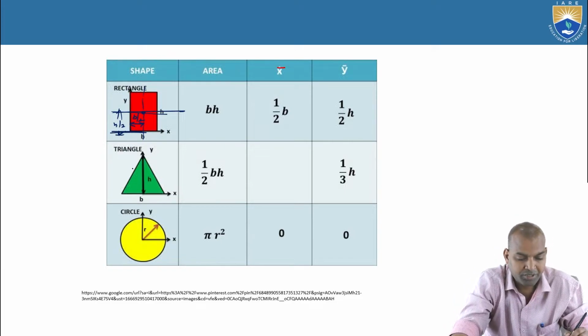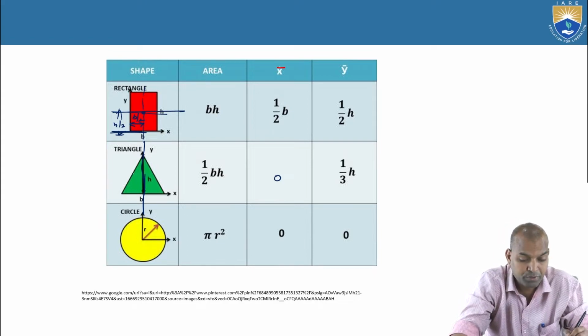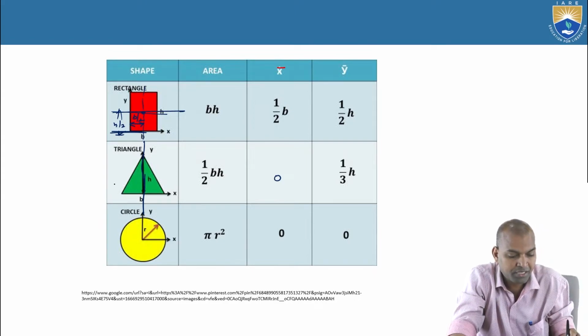If you consider the triangle, the base is b and the height is h. It is symmetrical about axis y, so on this axis x bar equals 0. The y bar is h by 3 from the base, and from the top point it becomes 2h by 3.